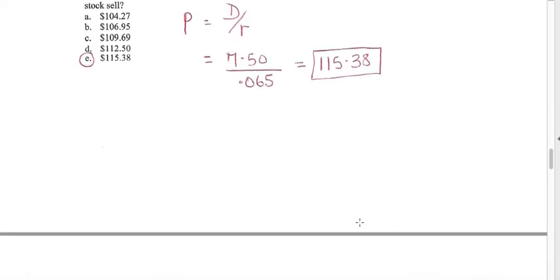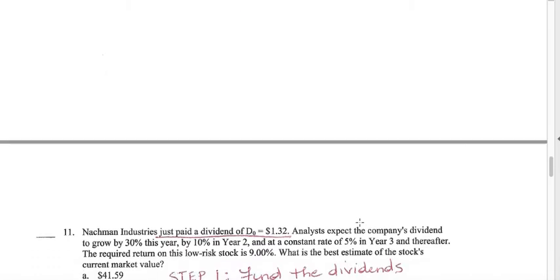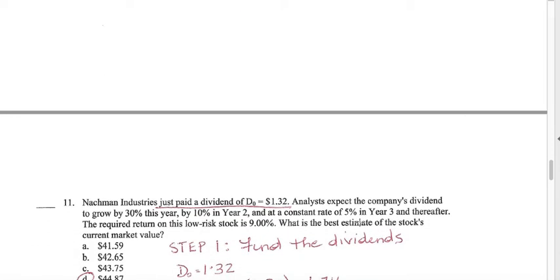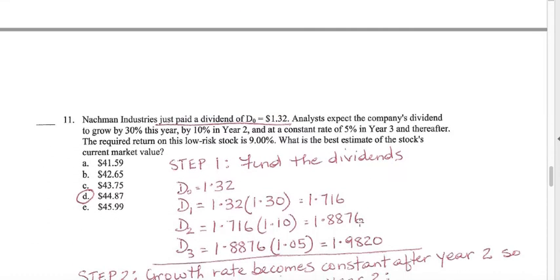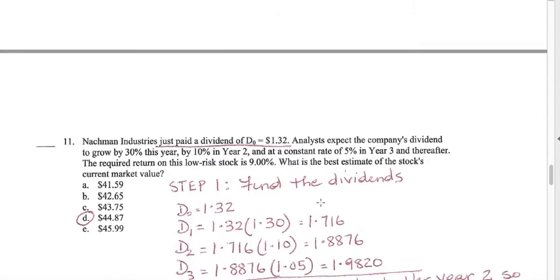Let's switch gears now, class, and go on to supernormal growth. This company just paid a dividend of $1.32. So take note, first thing you do is look out for D0 or D1. In this case, you're given D0.